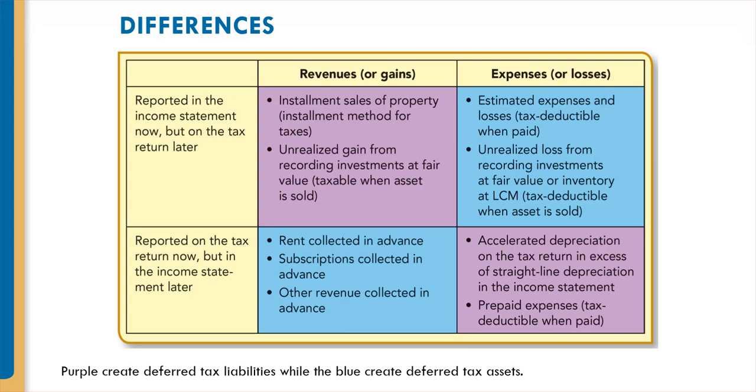There are also examples that it could be the opposite direction. And this is in the blue down here, and I'll just go through one of these. And that is rent collected in advance. So if you collect rent in advance, it does not show up in your income statement as an income item because you have not done anything to earn it. And generally with rent, we talk about passage of time. So time hasn't passed, you don't get to record rent revenue.